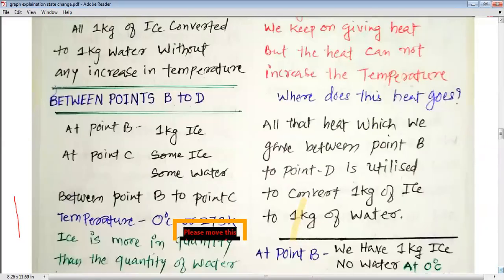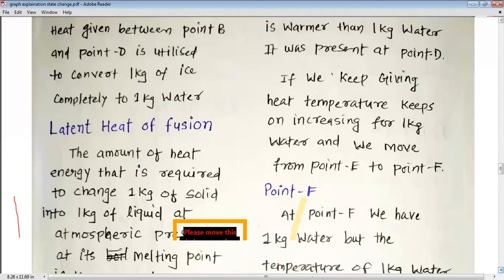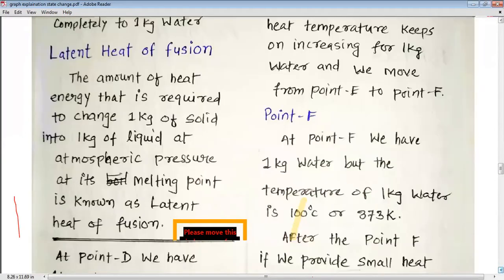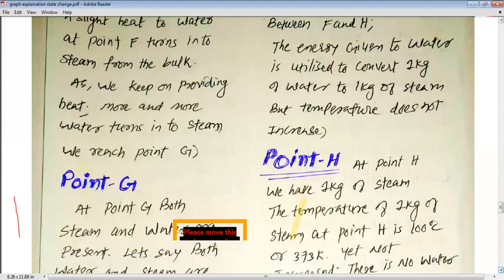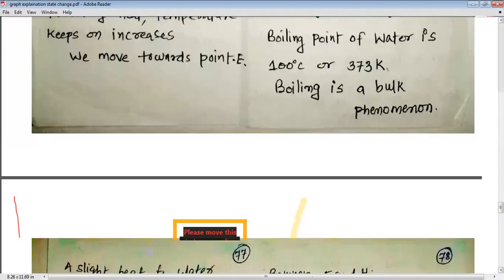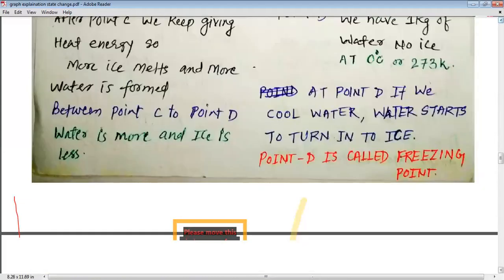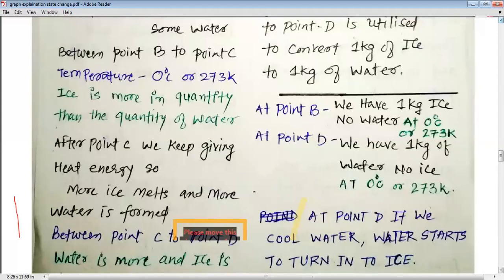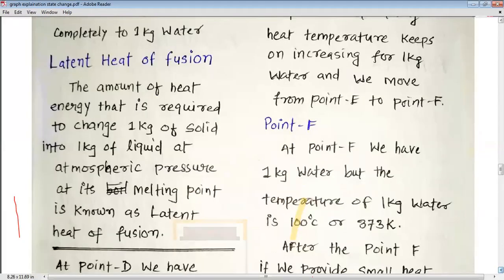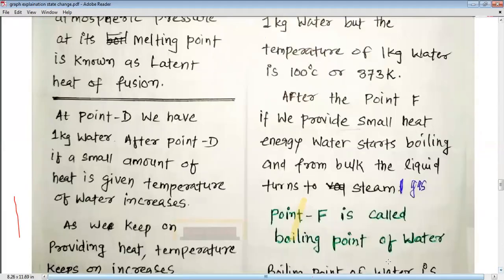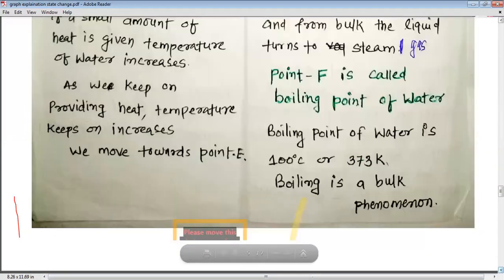Now we will study more about the movement from point F to the higher points. We have studied point F at last. We have seen, my dear students, that point F for water is called the boiling point of water. The boiling point of water is 100 degrees centigrade or 373 Kelvin.